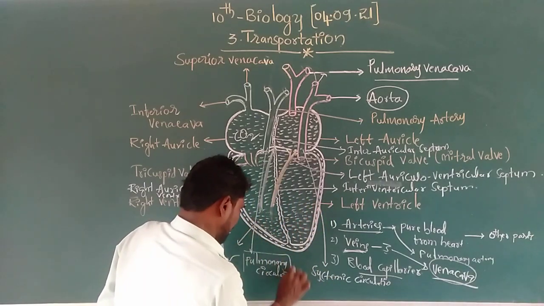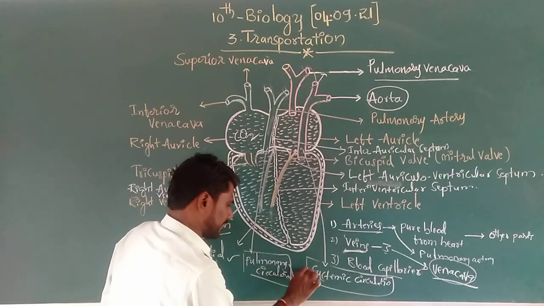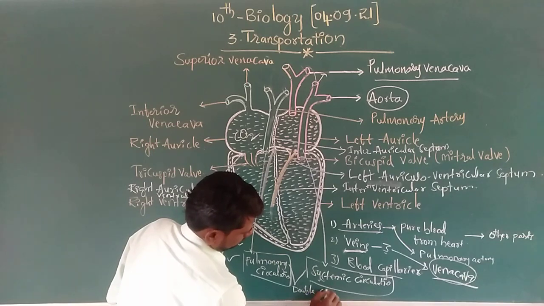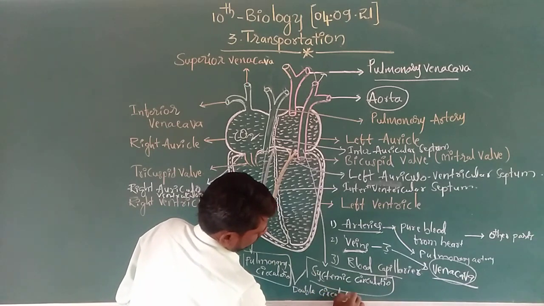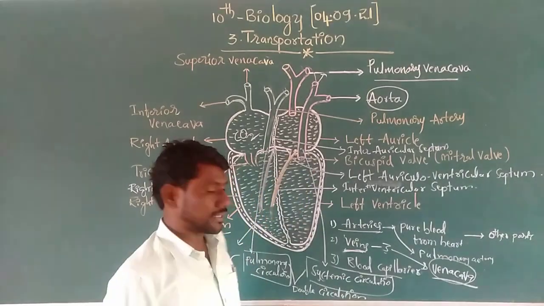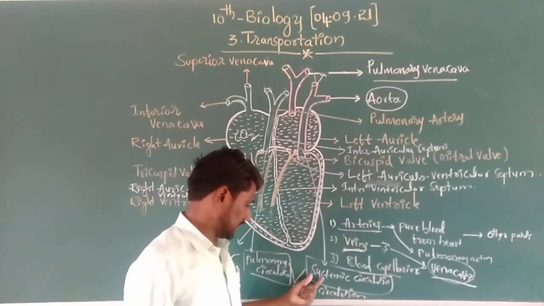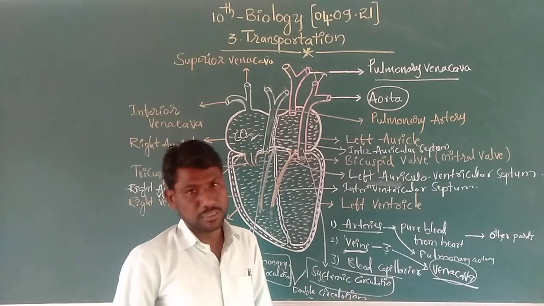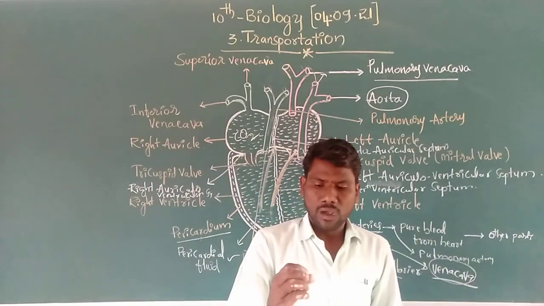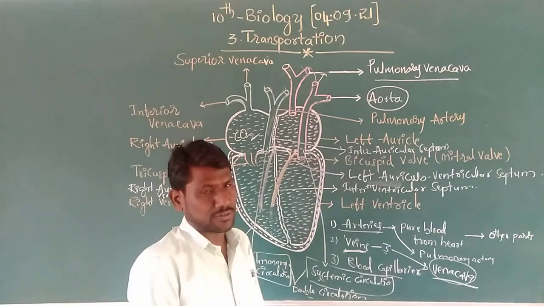The pulmonary circulation and systemic circulation together we call double circulation. This is the internal structure of a heart.